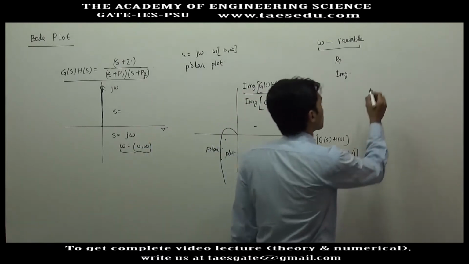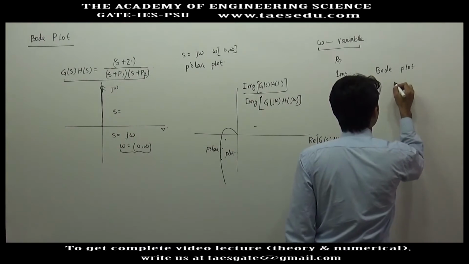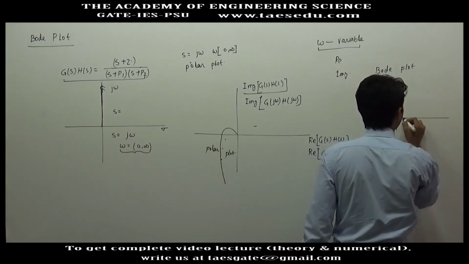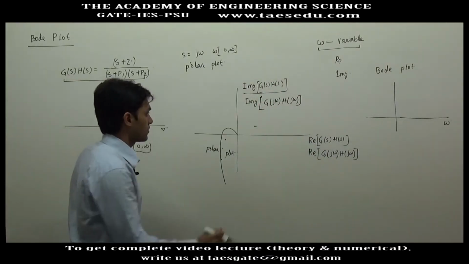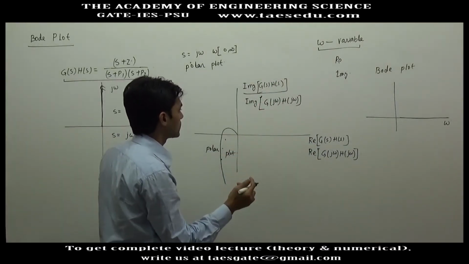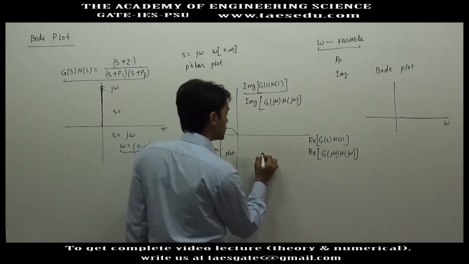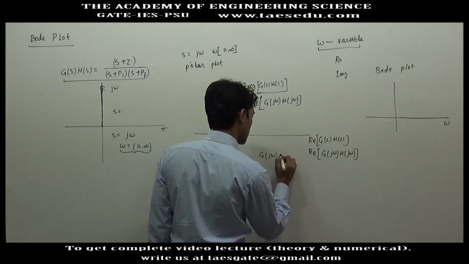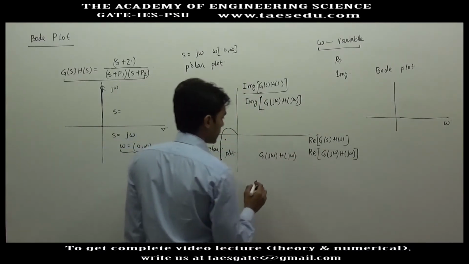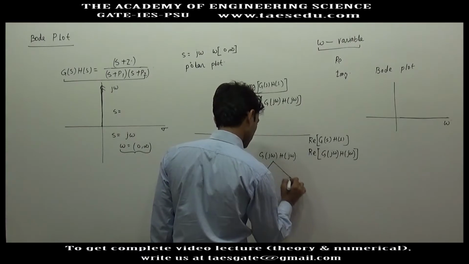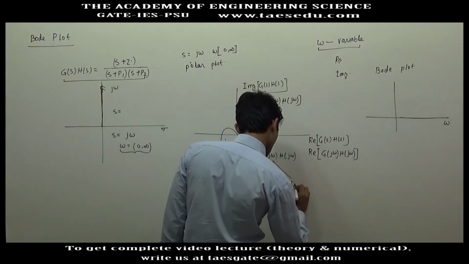In case of Bode plot, on the horizontal axis we always put omega. In case of Nyquist plot, if we have G(j omega), a complex function of omega, it will have two parts, real part of G(j omega) and imaginary part.